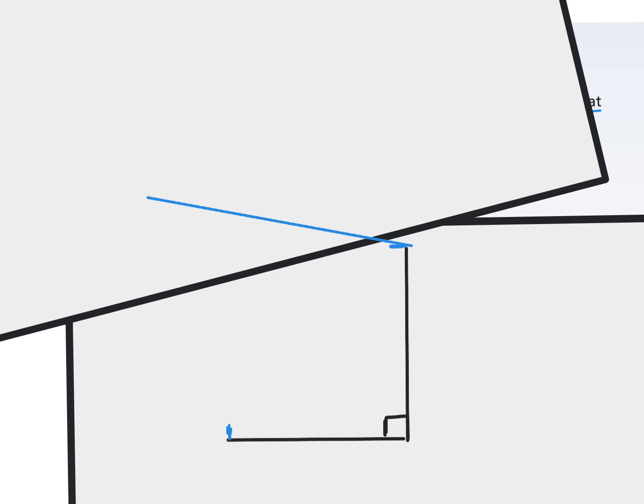I'll talk to you in a minute about how we could do this using your protractors. Okay, so that should be about 100 degrees there also.